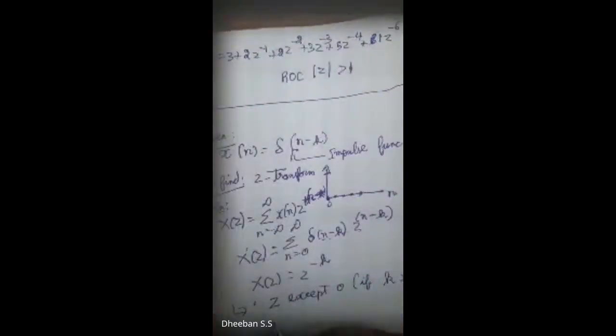If k is greater than 0, similarly for all z, so this is your ROC for all z, except infinity if k equals... k less than 0. So this is its impulse function they have given. I'll go with some simple problems so you'll be able to understand easily.